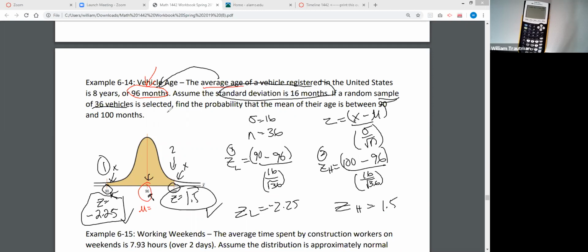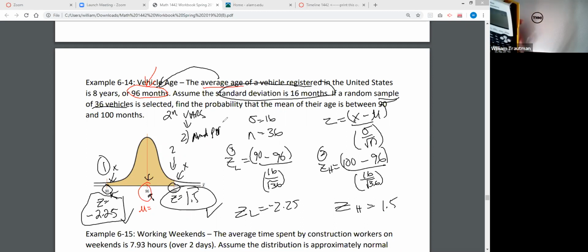Now I go to second vars, number 2, normal CDF.